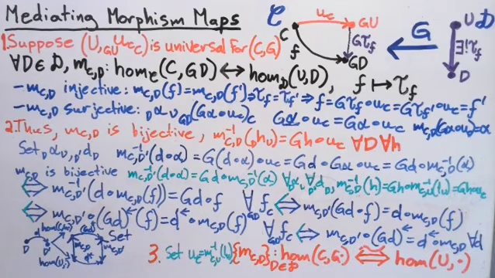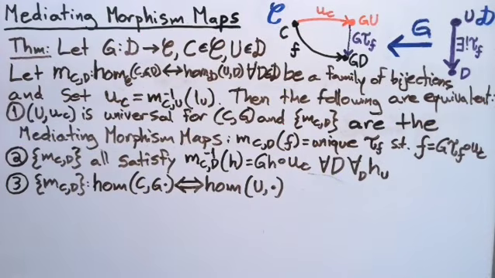So let's just sort of clean this up and summarize where we are, and then we can complete the proof. So here's the full statement of the theorem that we're almost finished proving, where there's just one more step.